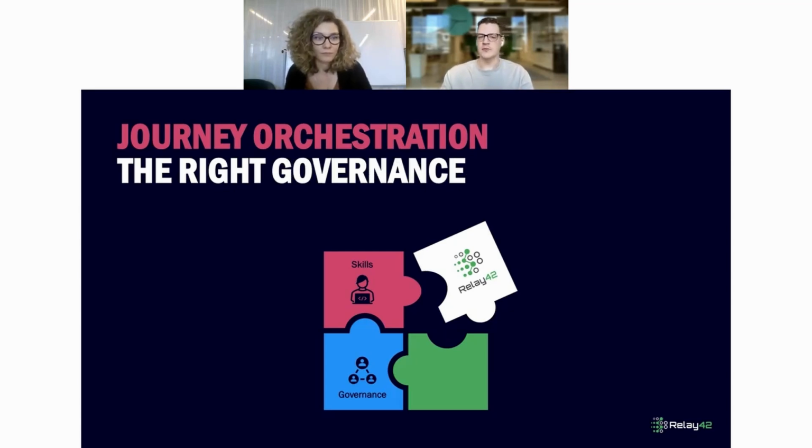But you also need the right governance. You need support from the right people in your organization to embed journey orchestration as a practice, have the right reporting lines, have the right people to make decisions when needed, to tell people what to do and when to do it, and have the right lines within your organization to make this actually happen.